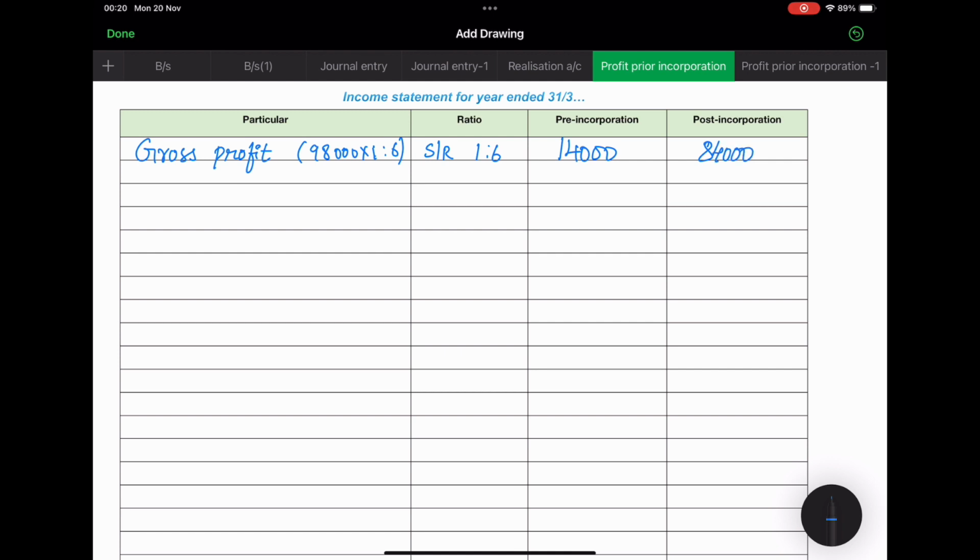Okay, next, we have one more income in the question, that is bad debts realized. In the question they have clearly mentioned it is fully related to pre-incorporation, so that is why I'm going to write it only in pre-incorporation.